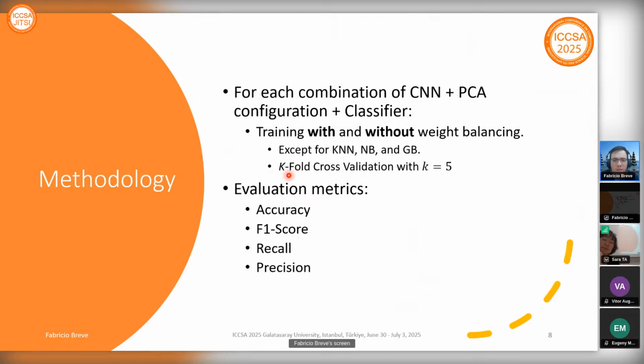She performed the k-fold cross-validation with k equals 5. And the evaluation metrics were accuracy, F1 score, recall, and precision.